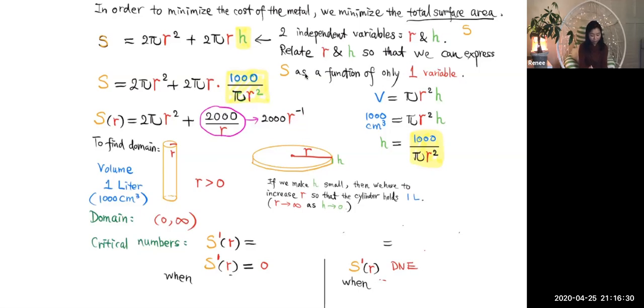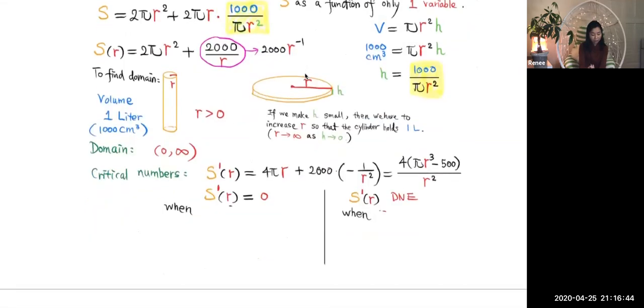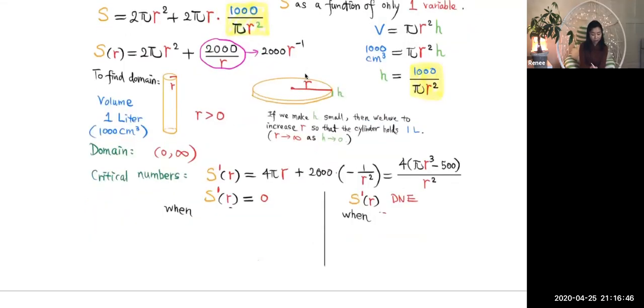Now we combine this into one single expression using the common denominator r squared. So we got this. Now to find critical numbers, we see when this first derivative equals 0 and when it is undefined. The first derivative equals 0 when the numerator equals 0 and the denominator does not equal 0.